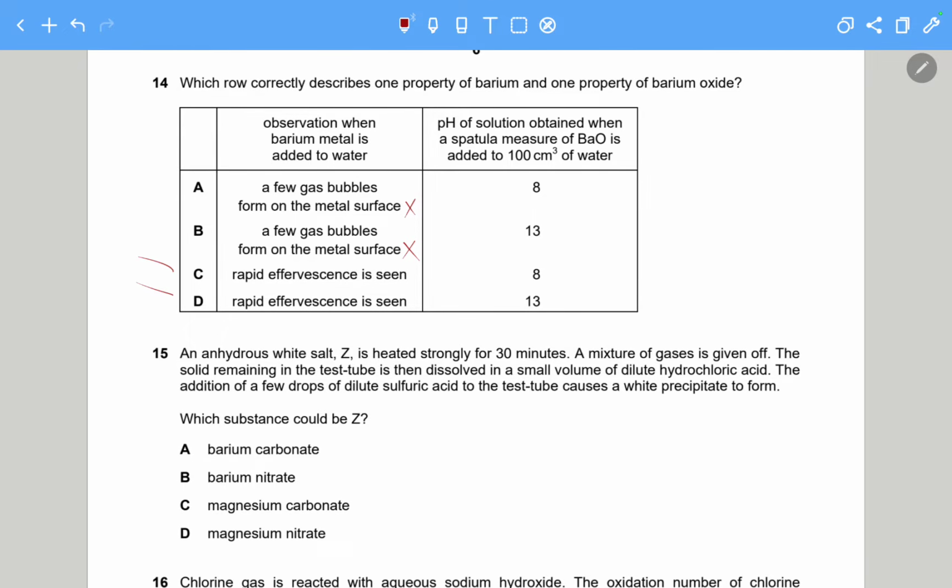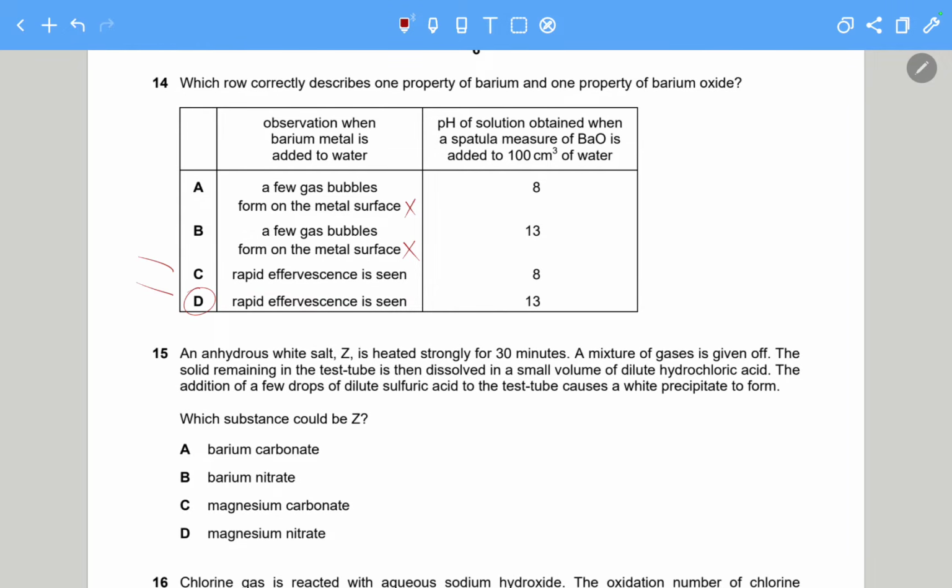Barium oxide is very soluble in water, and it forms barium hydroxide. And because barium hydroxide is so soluble, it is very alkaline, so we would expect its pH to be very high. 8 is close to neutral, so I wouldn't expect that. 13, more alkaline. Yes, that's more reasonable. The correct answer is D.